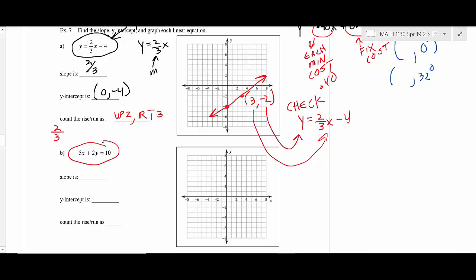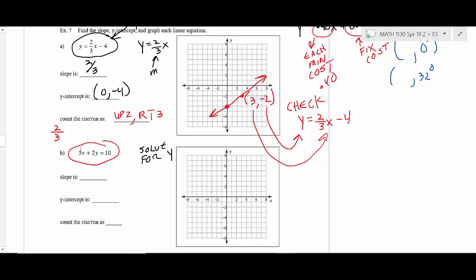Okay, tell me on this one. That's in general form. So if you were going to graph this by finding the slope and y-intercept, what would you have to do first? Convert the equation to slope-intercept form. Yeah, find y equals mx plus b. So this one you want to solve for y, because we're not doing intercepts or anything, we're just doing slope and y-intercept.